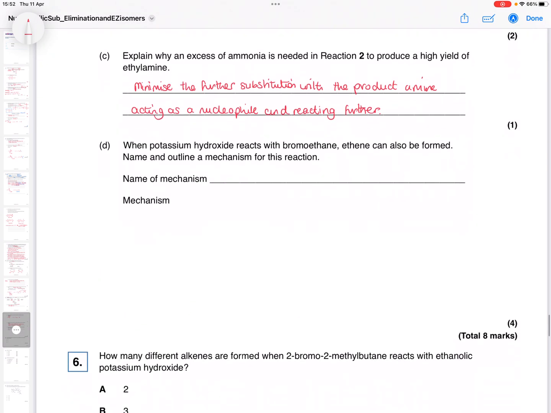When potassium hydroxide reacts with bromoethane, ethene can also be formed. So what happens here is an elimination reaction. So we now need to draw our mechanism for elimination.